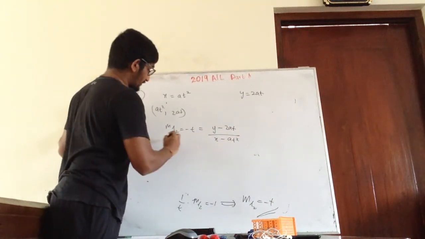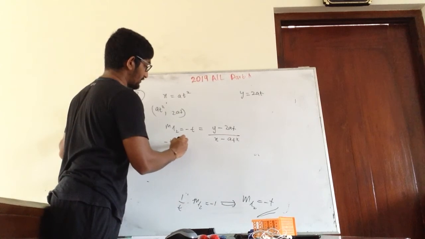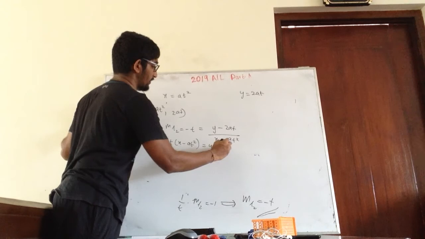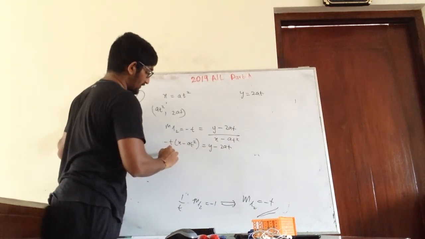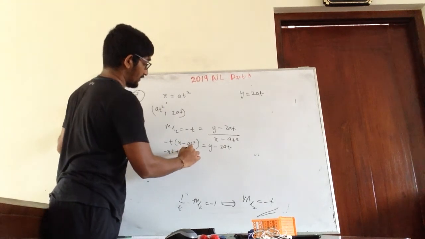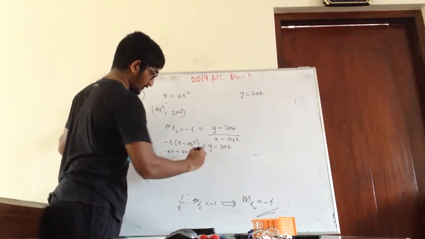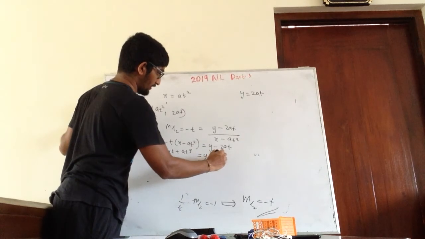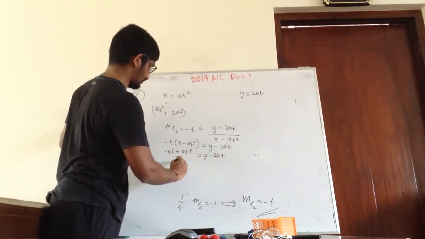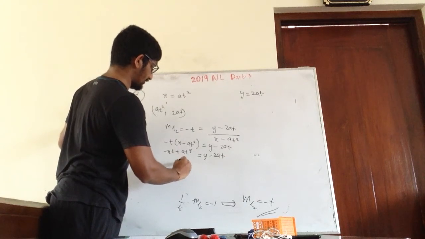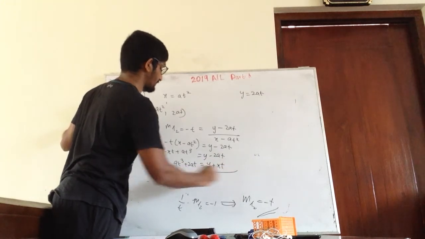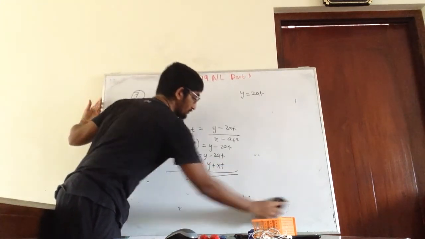So then I can get minus t times (x minus at squared) equals y minus 2at. I will get minus xt plus at cubed equals y minus 2at. So then I will get the answer as at cubed plus 2at is equal to y plus xt. This is what they are asking us to show.